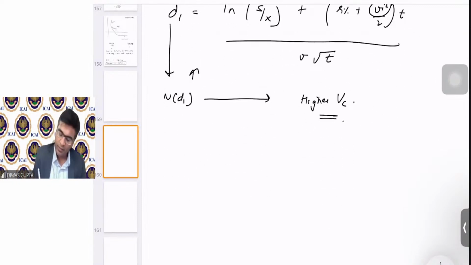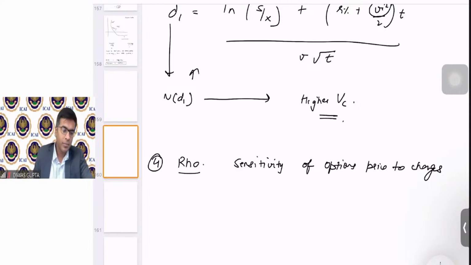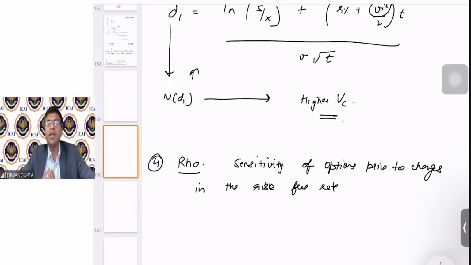Okay. Then the fourth one is actually rho. Rho is the sensitivity of option prices to changes in the risk-free rate.